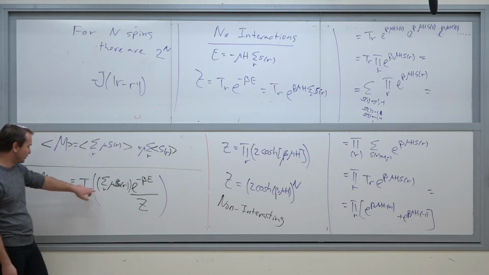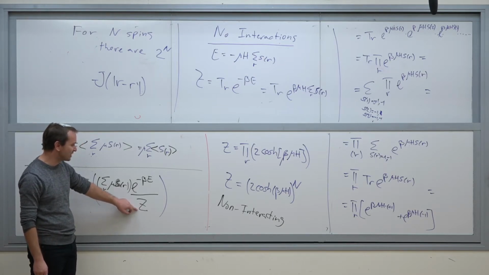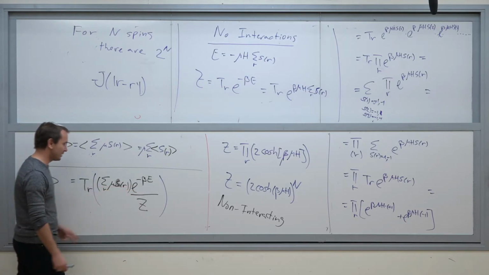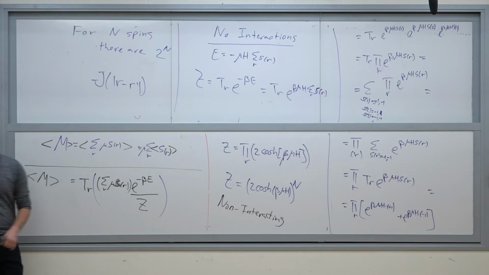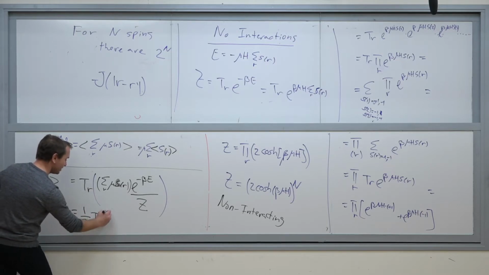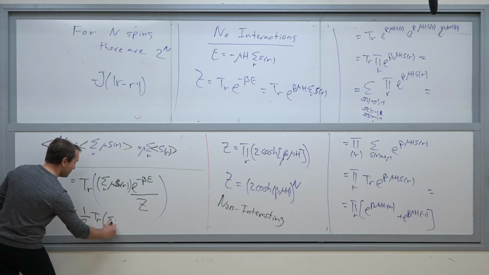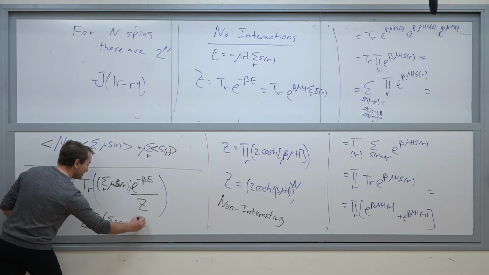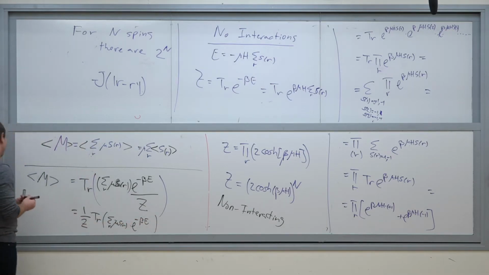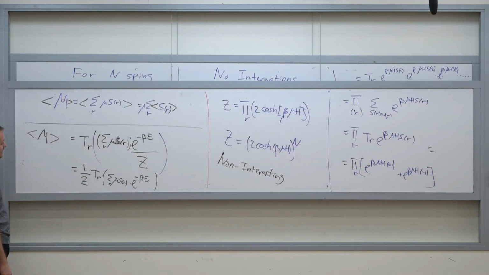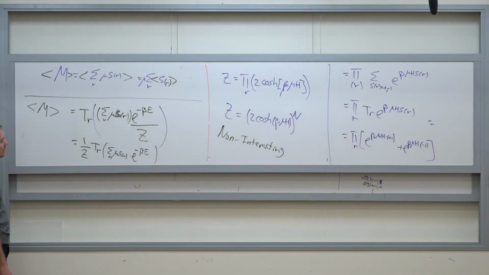This is what we need to compute. The trace of this; Z we already know. Okay? And so we need to take a trace, or a sum, over everything. Now, Z is not dependent on the trace, it's already a summation. It's simply 1 over Z, a trace of the sum over r of mu s_r, multiplied by e to the power minus beta E. But what is E?